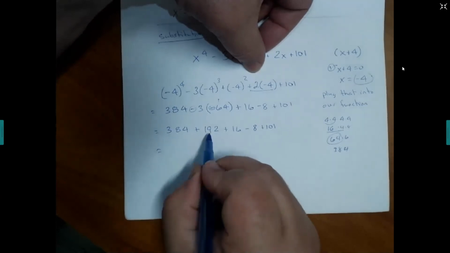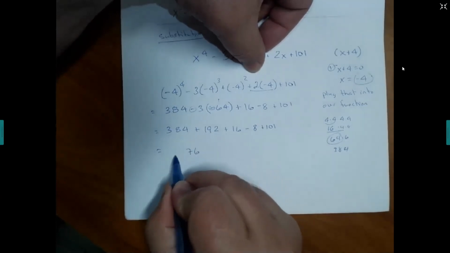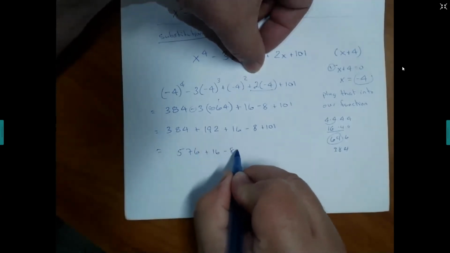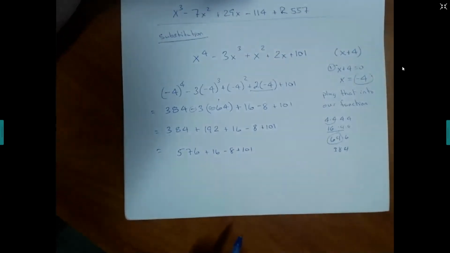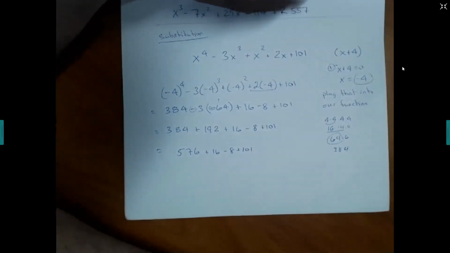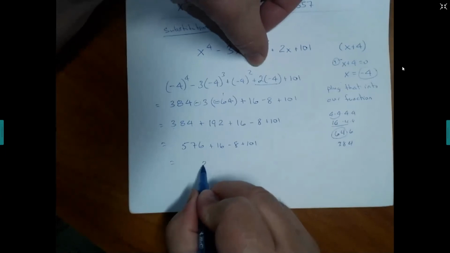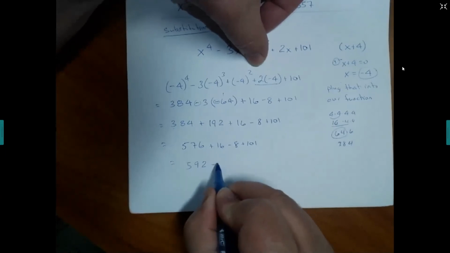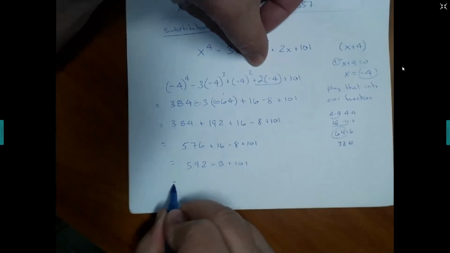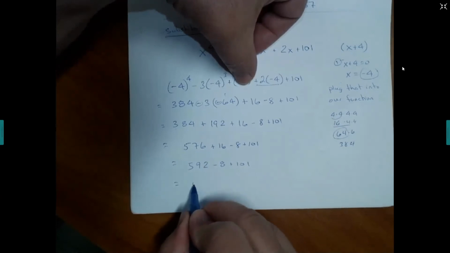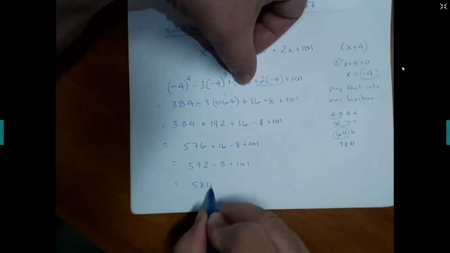So 394 plus 192 is 576. 576 plus 16, 592. 592 minus 8, 584.